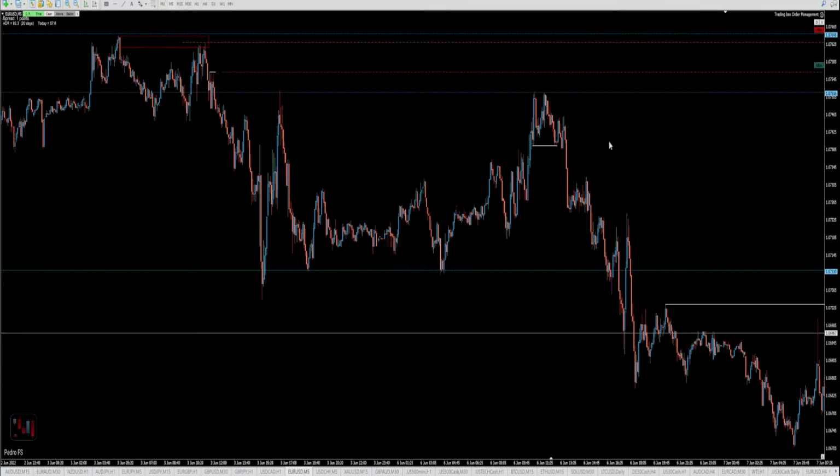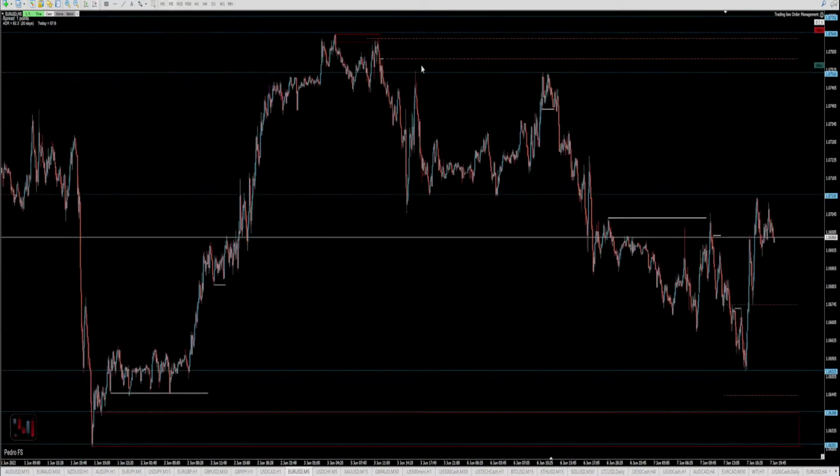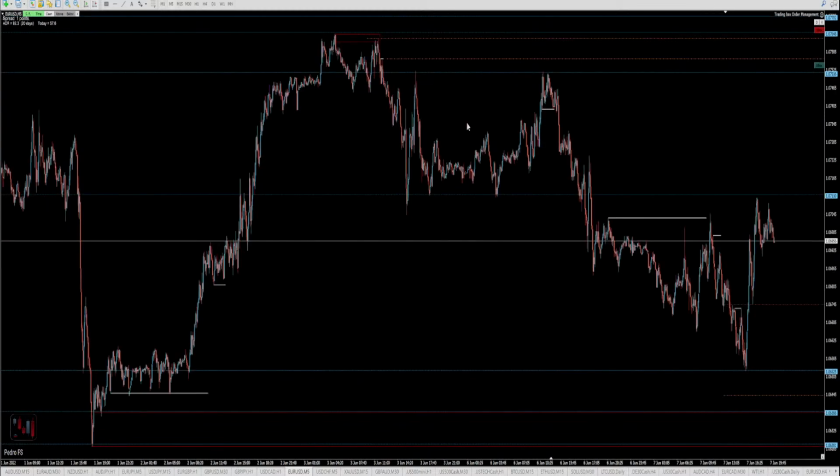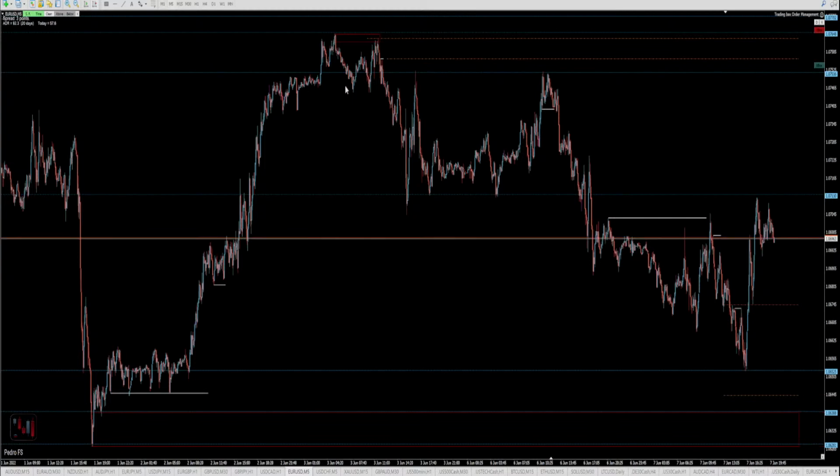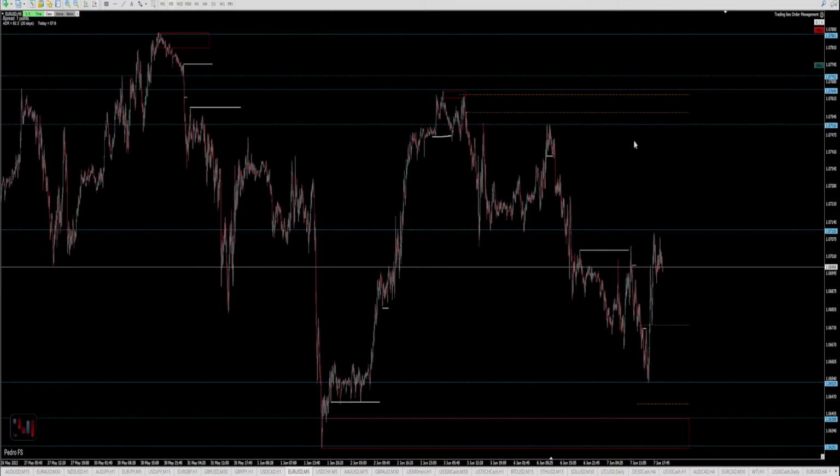That was a topic that I covered. For example, in this case, we did break this low. That's why I then tried to look for the short in there. Just wait for those structures to be broken.